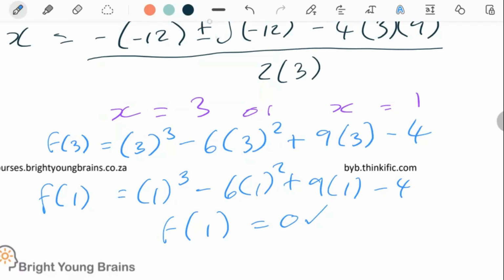This is 54. And then this one is 27. So technically we have 27 here. And then we subtract 54 and add 27 again. And then we're subtracting 4.